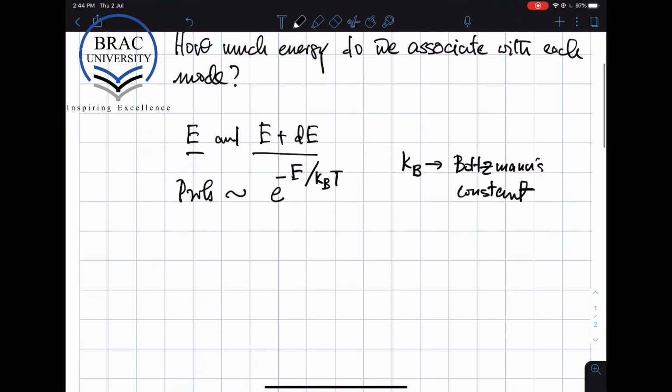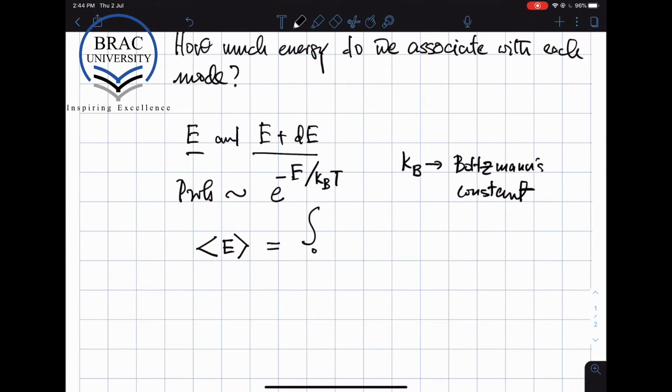Given this, we can ask, what is the average energy of each mode? Well, we just reviewed the concept of averages. Here the energy is a continuous spectrum, so instead of a sum, we'll have an integral.